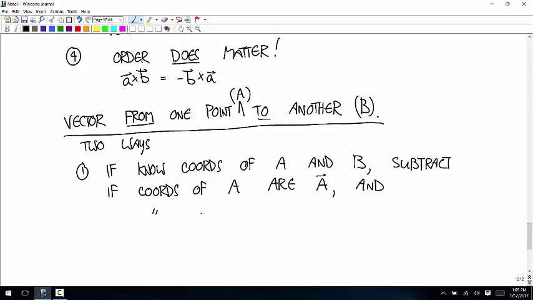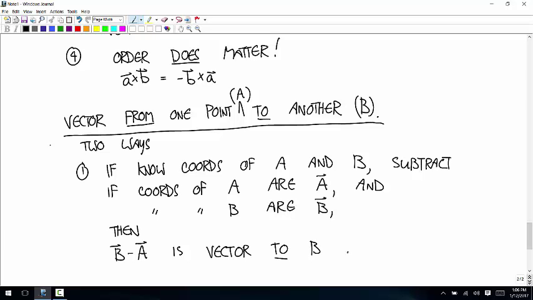And if the coordinates of B are the vector B, then B minus A is the vector to B from A. So you always take the coordinates of the destination point and subtract the starting point.